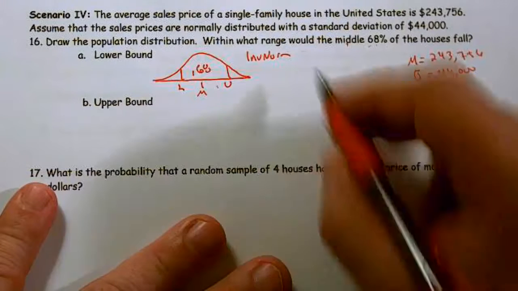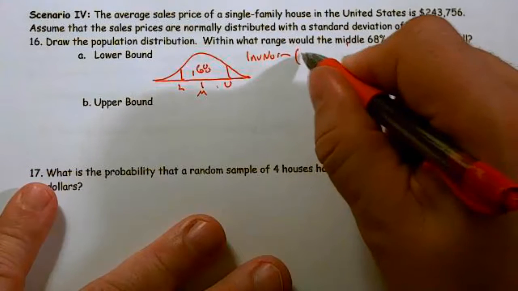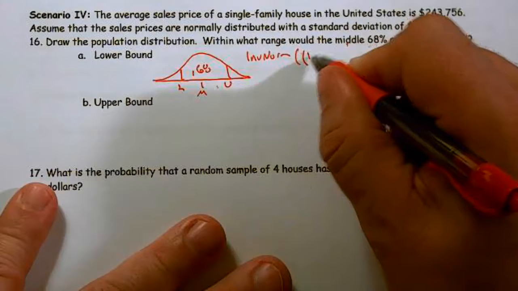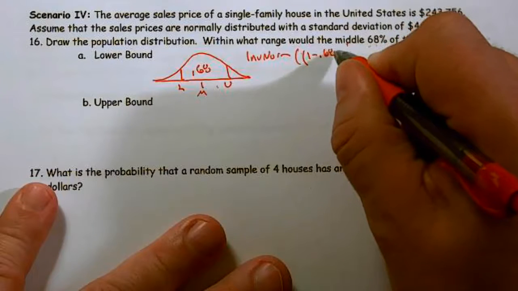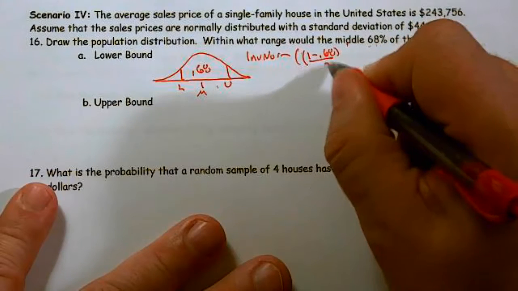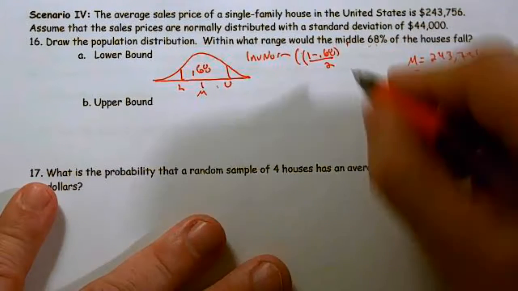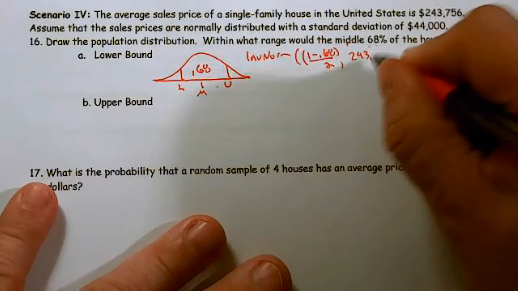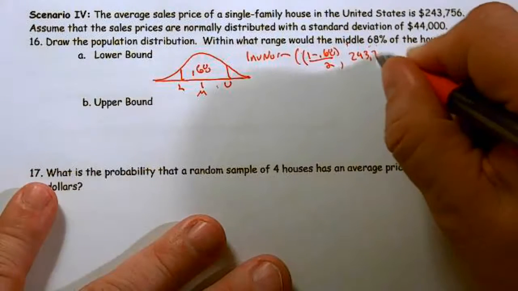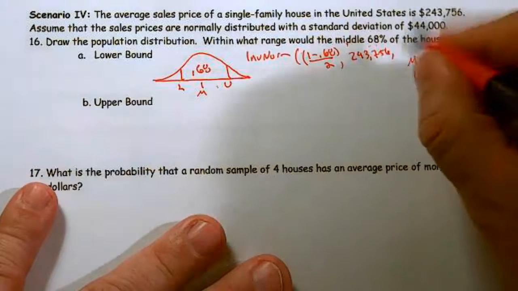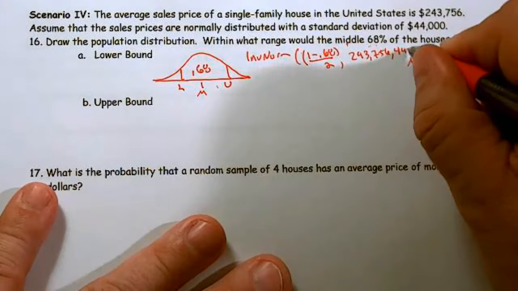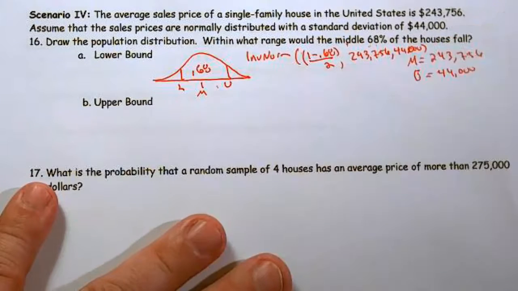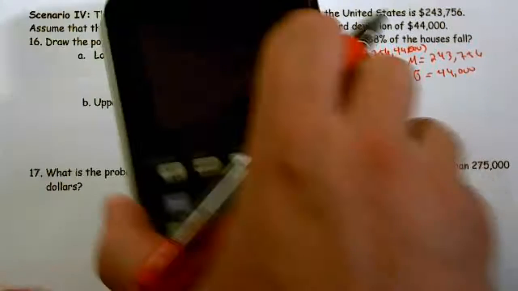Because they gave me the middle, we're working with an inverse norm. The first thing is going to be 1 minus 0.68 over 2, because we're working with the middle, then the mean of 243,756, and then 44,000. Did not give myself much room.